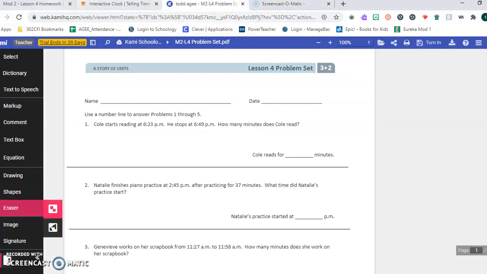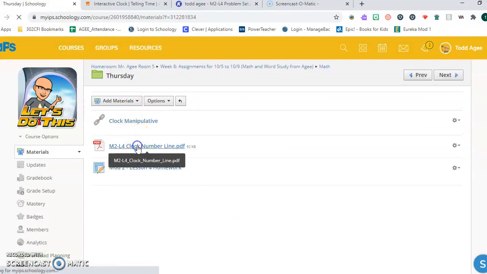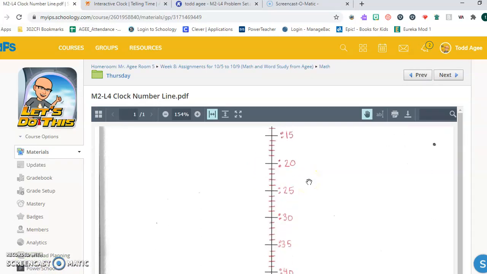I'll go over to my number line tool, which is in here, and for you it'll be in your book, and I'll start at 6:23. I found the 20-minute marker here, 21, 22, 23, and I have to go to 49. I could skip count up by tens as much as I can. This is kind of tricky though.